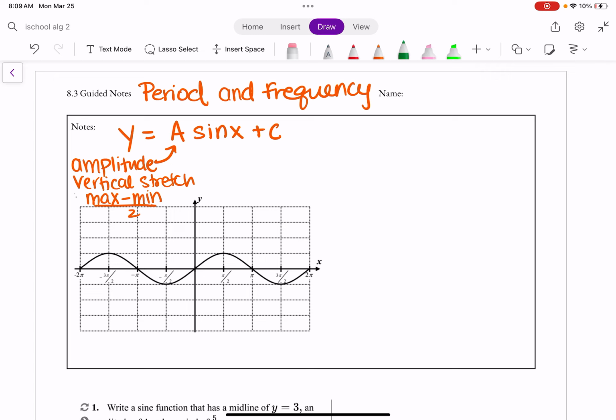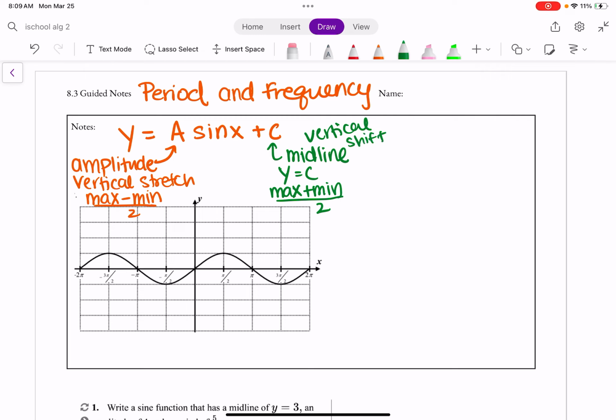Now the C is what we call the midline, and that means the line y equals c that cuts the graph in half. And we also know how to solve for that. It's max plus min all over 2, and this is also a vertical shift.